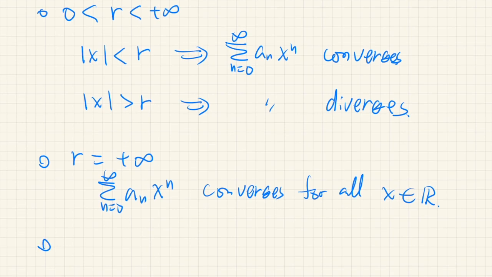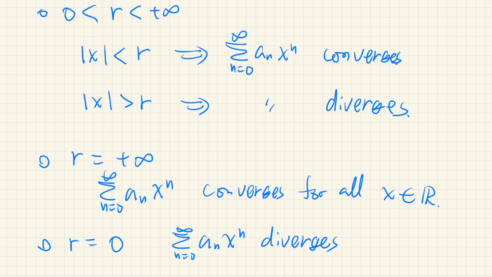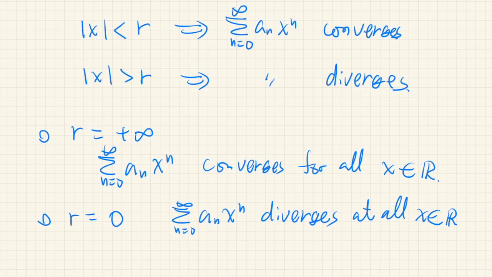And the last case, when the radius is 0, then this power series diverges at all x in the reals except when x is equal to 0.